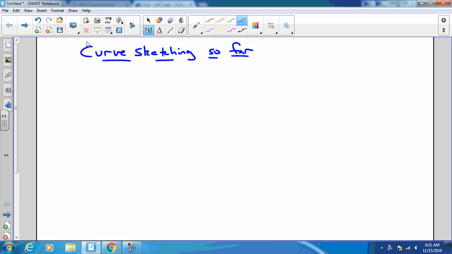Our theorems basically allow us to characterize, first of all, local maxes and mins. Second of all, increasing and decreasing. And third of all, concavity and inflection points.